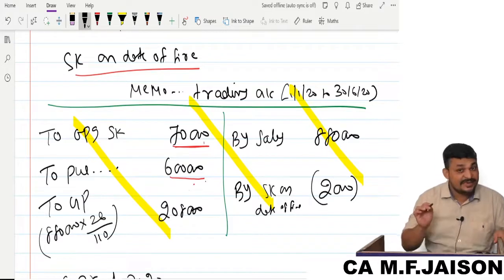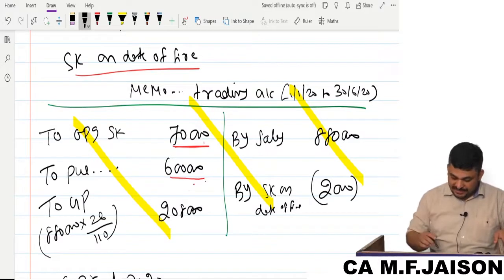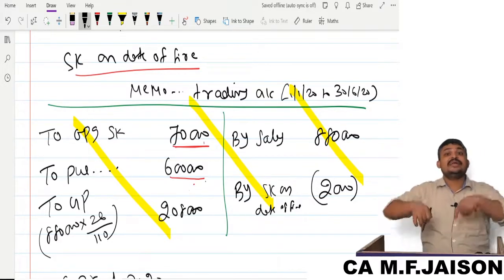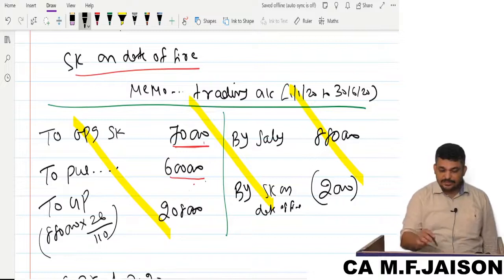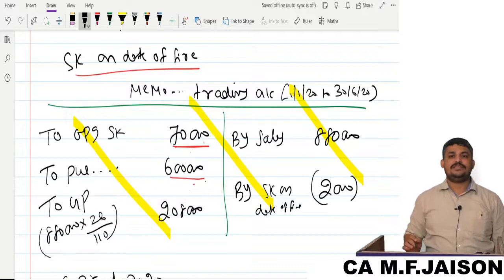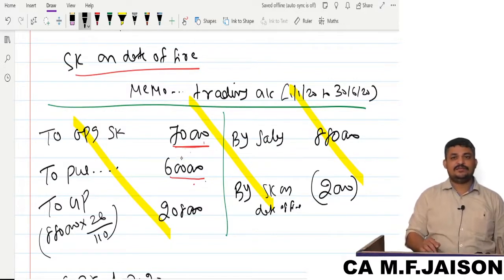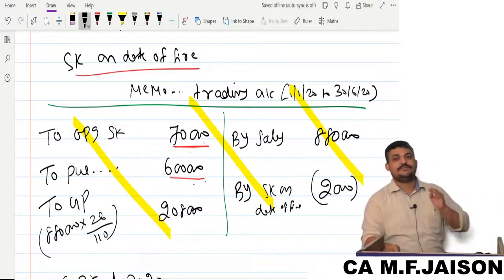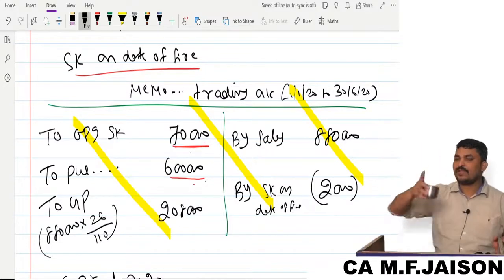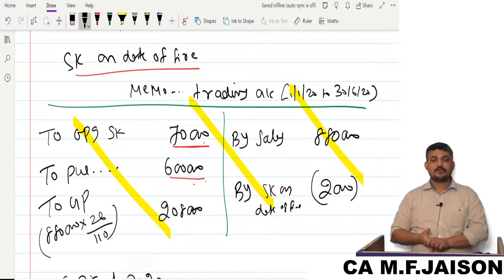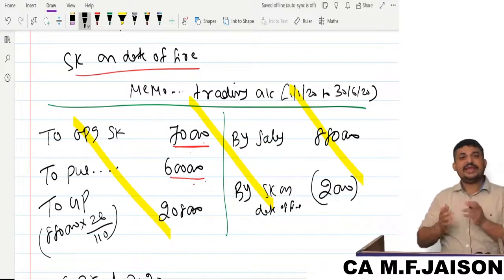The only thing is, listen carefully, my dear friends, you considered this stock also as if it represents the current year price. But actually it does not. So if it were at the current year price, what would the price be? If this 70,000, which was purchased in the previous year, had to be purchased this year, what should the price be? 84,000.